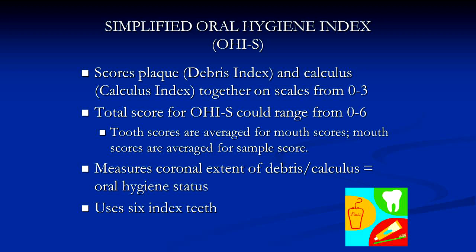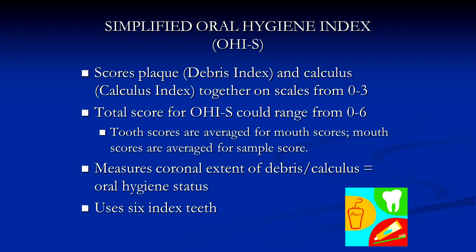In the OHI-S, this is the only index in this section that is composed of 2 different indices, and they combine the 2 to make the OHI-S. So we have a debris index, which scores plaque and materia alba together, as well as stain. And then we have a calculus index, which is abbreviated CI.